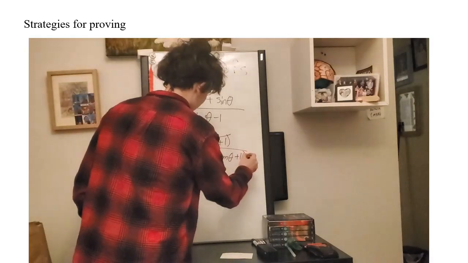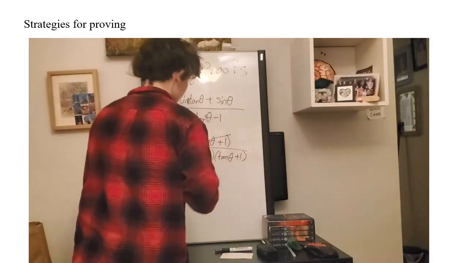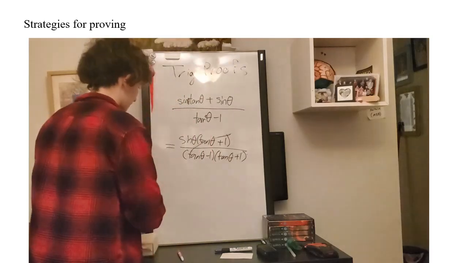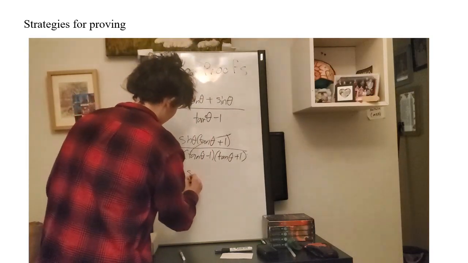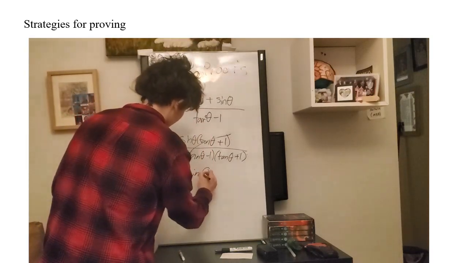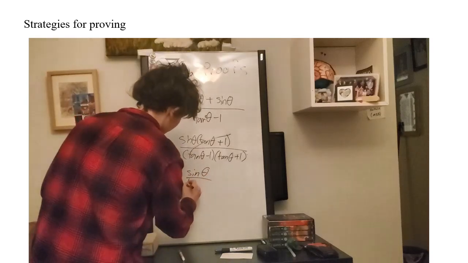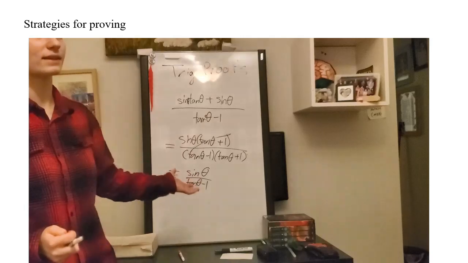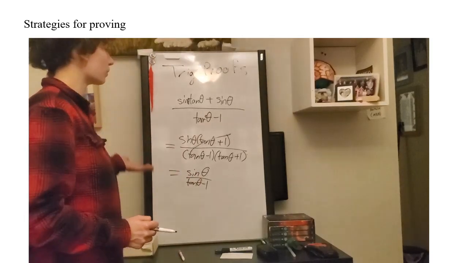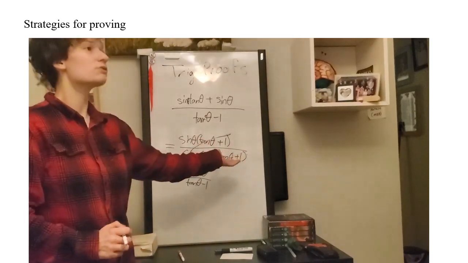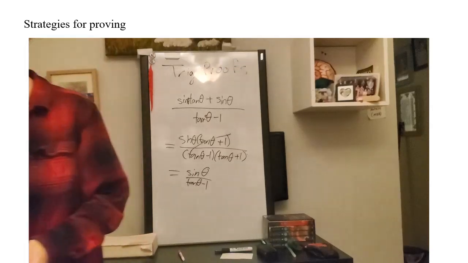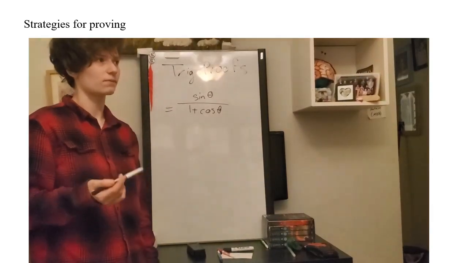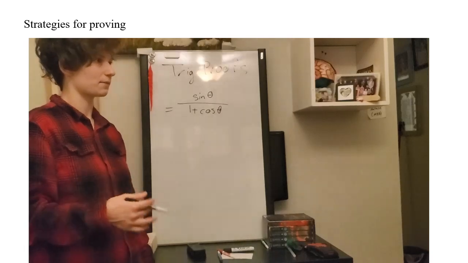So these cancel out, and you're left with a simpler identity. And hopefully this could get you closer to resembling the other side of the equation. As shown in the previous step, you can divide both the top and bottom by the same value to cancel things out and simplify your fraction.